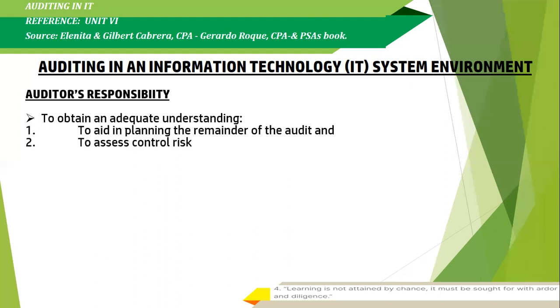So pag once na the control risk is high, meaning the internal control is weak, so it will affect our substantive testing. Maging malawak yung substantive testing natin kasi not reliable yung internal control nila. So yun yung importante, to assess the control risk.